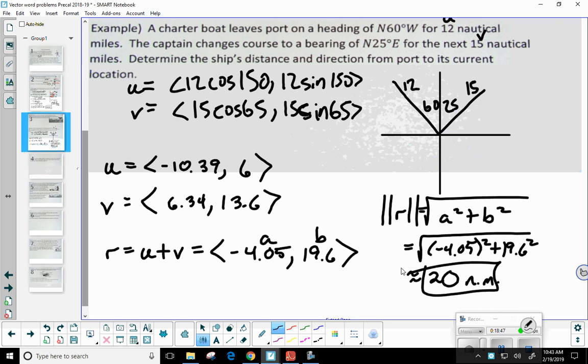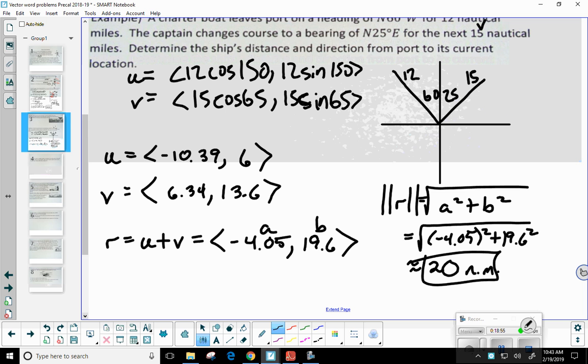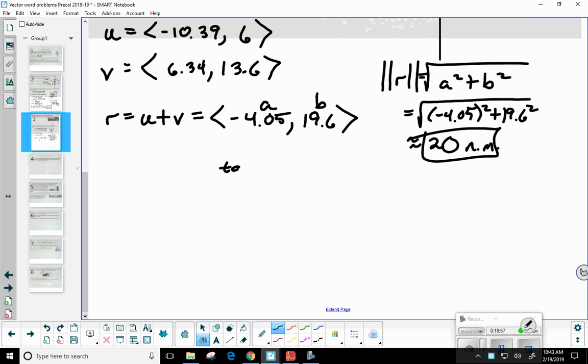Okay. Now, how do I find my direction angle? We use tangent. Are you noticing a consistency in these problems? Tangent of theta is equal to b divided by a. So theta should equal tangent inverse of 19.6 over negative 4.05.